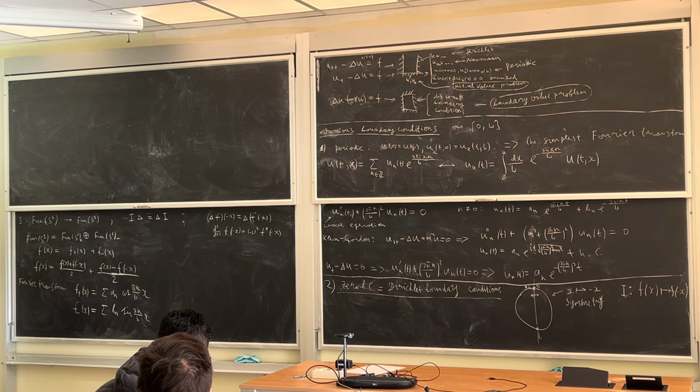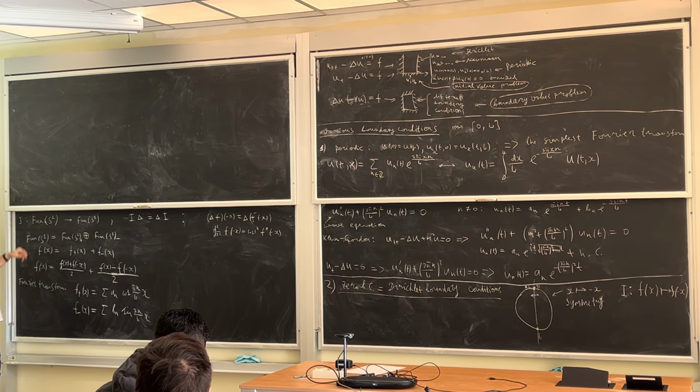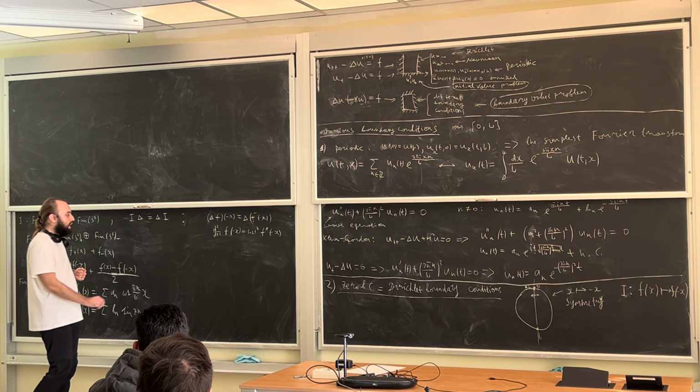Although we have complex coefficients if you do in that way. So any functions can be written as a combination of odd and even function on a circle.